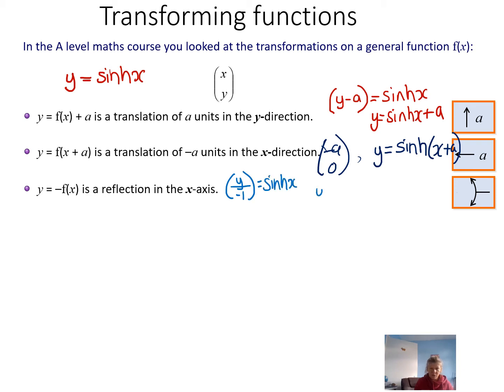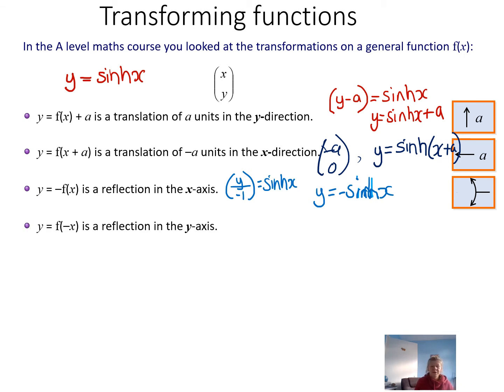Then you end up with y equals minus sinh x. Oops, I'm spelling it wrong now. Oh dear. Rubber again. Oh, different colour pen now. Don't make a mess now. Sinh x.